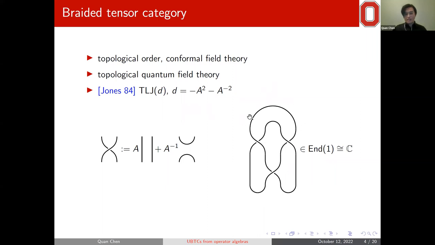So every link can correspond to a number by using this definition of braiding. You can unbraid them and eventually get a number. And this is a very good link invariant, which can distinguish a lot of links.